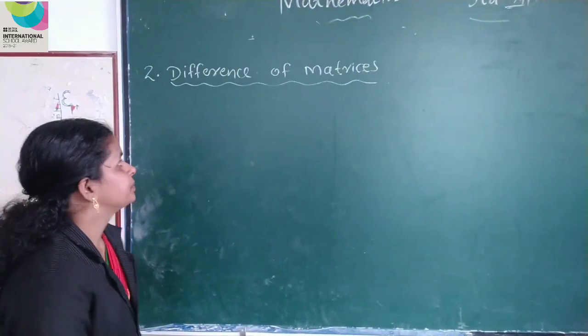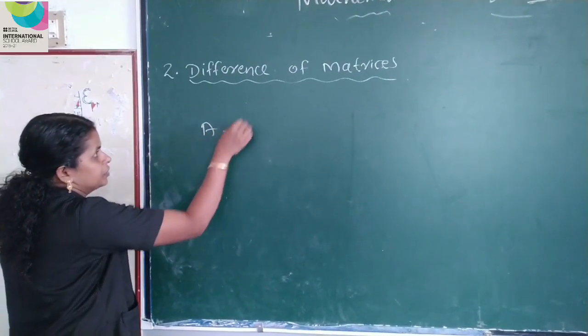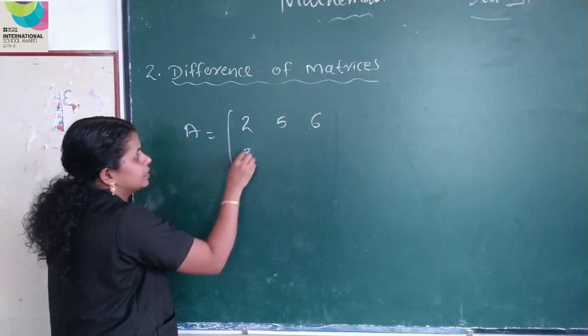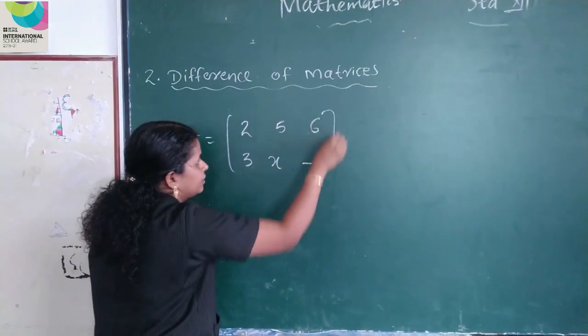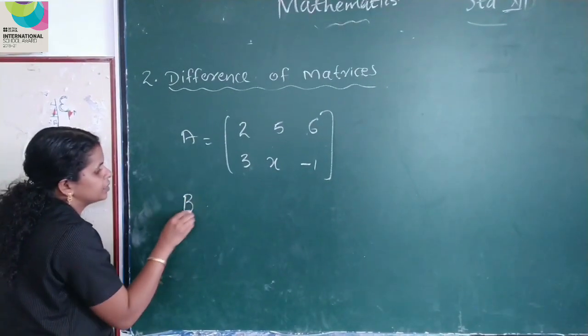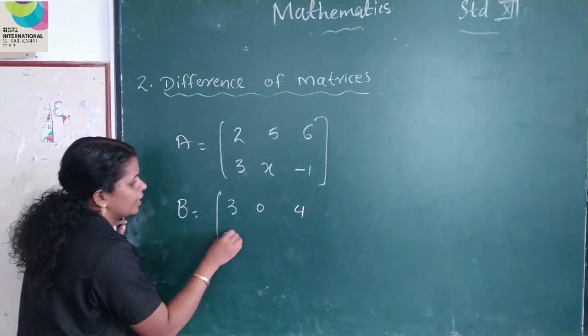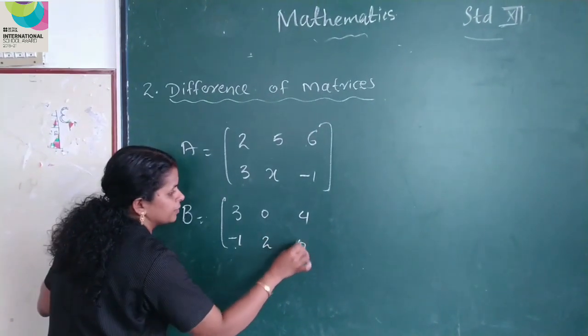For example, A equals matrix 2, 5, 6, 3, x, minus 1. B equals matrix 3, 0, 4, minus 1, 2, 5.